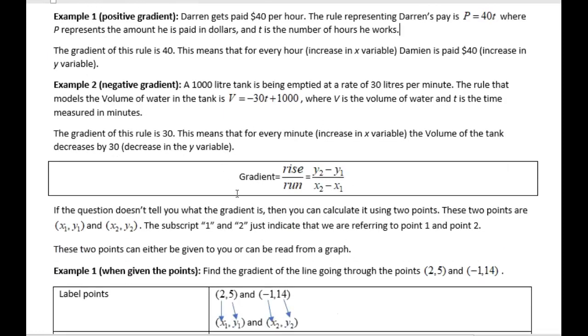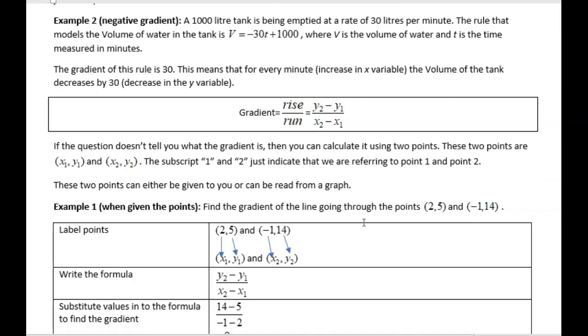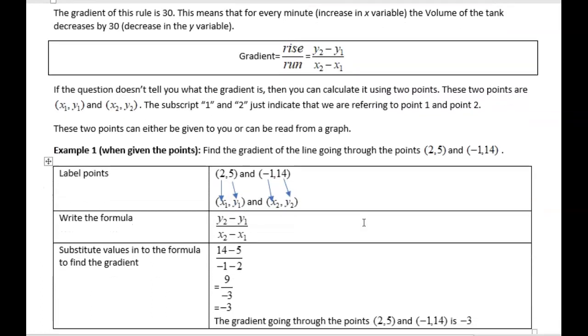Now, here's the rule for the gradient, which I've shown you before, but it's a good idea to have that in your notebook. All right, so if the question doesn't tell you what the gradient is, so in the previous two examples we had a context, you can actually calculate it just using 2 points. So these 2 points we label x1, y1 and x2, y2.